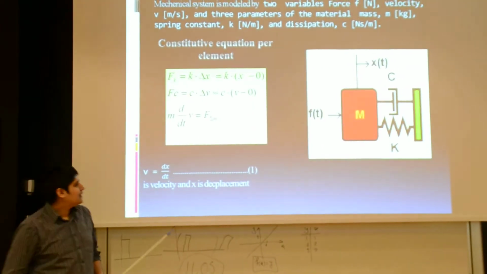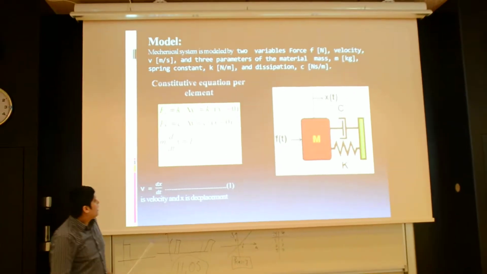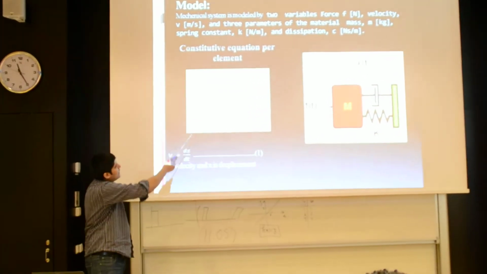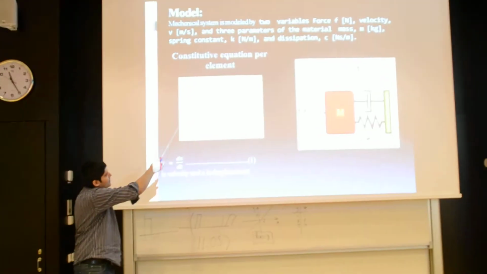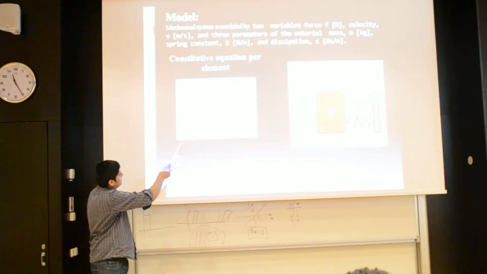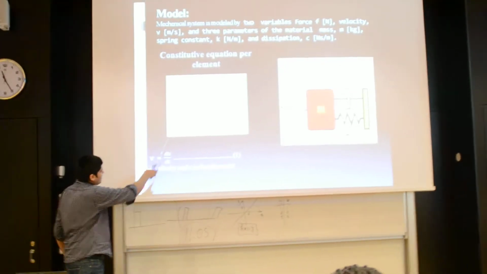And for the model, this one is a simple mass spring damper system. This one is Hooke's law. We can calculate the force, and this one is for damping friction. And this one is the total force that moves the mass with some displacement and produces the acceleration.